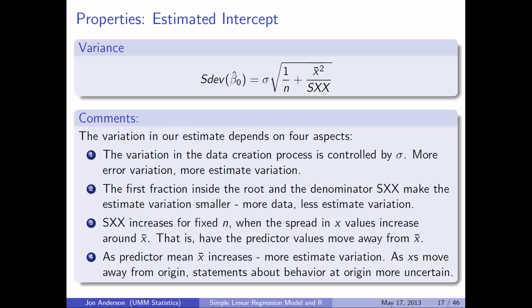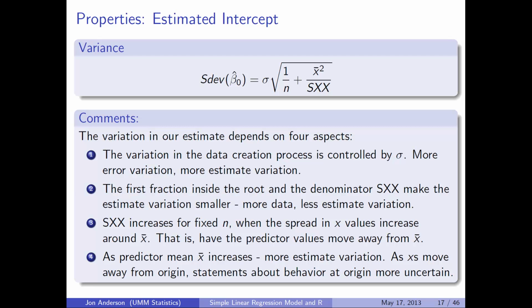So more data will make the standard deviation smaller. More spread in the predictors makes it smaller. But you'll notice that there's a component here of x bar squared. In other words, if your predictor values are drifting away from 0, the standard deviation or the uncertainty in your intercept gets bigger and bigger, and you have more uncertainty in your estimate.